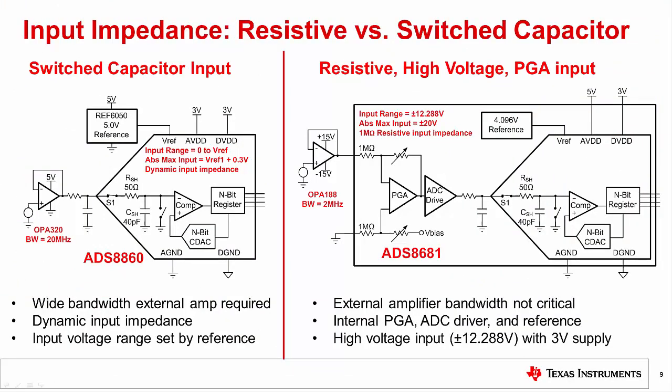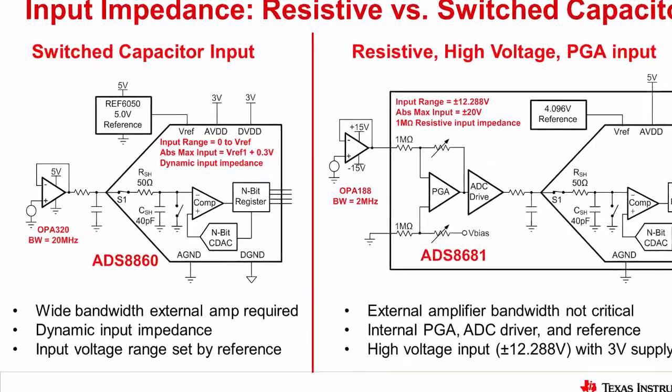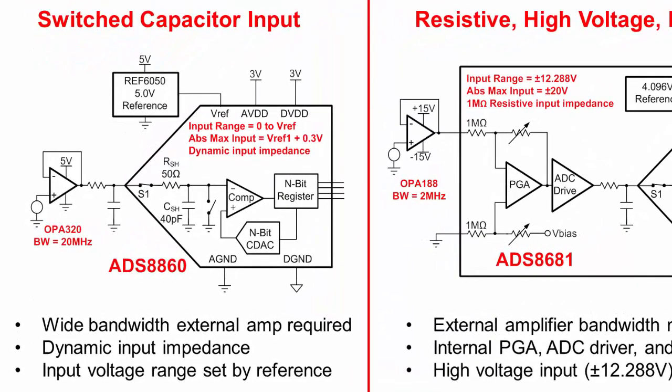We will now discuss a few common internal architectures of SAR ADCs. There are two major categories of input impedance types: resistive versus switched capacitor. The switched capacitor input uses a sample and hold circuit consisting of S1 and CSH to capture the input signal before each conversion.